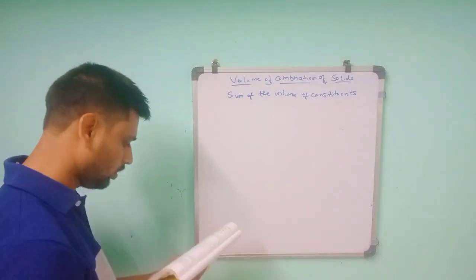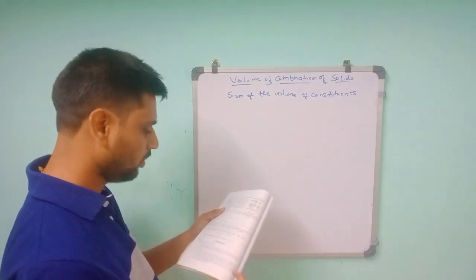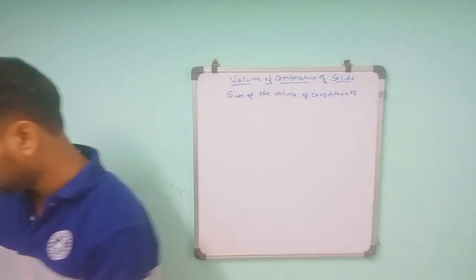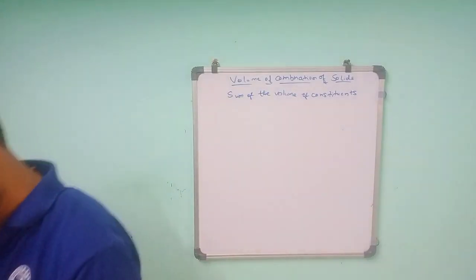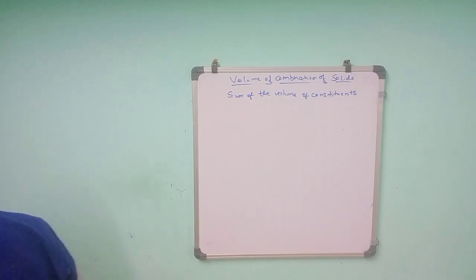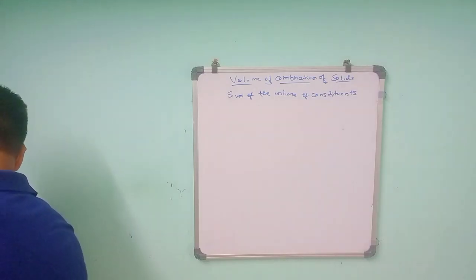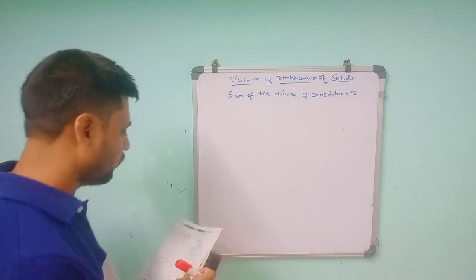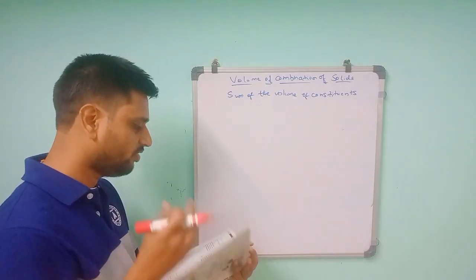First one, a solid is in the shape of a cone standing on a hemisphere.